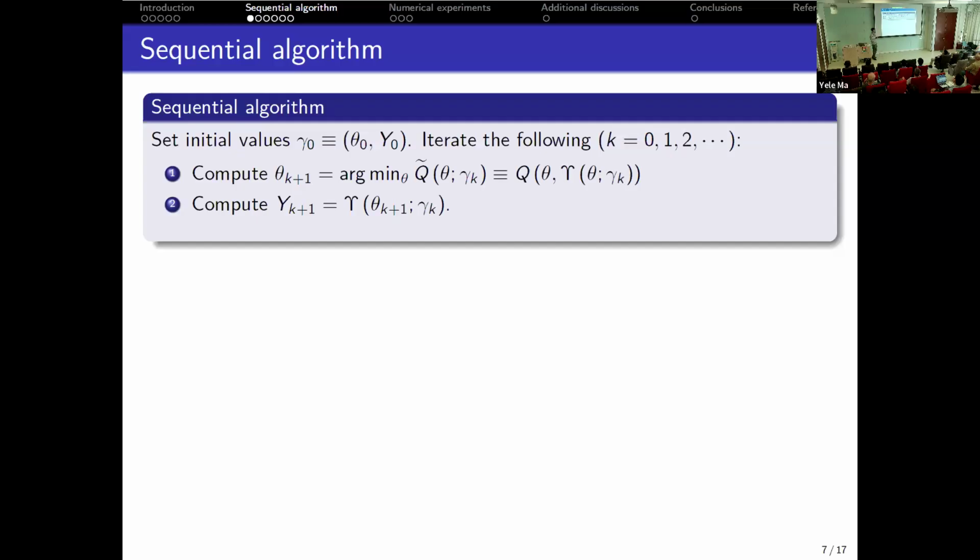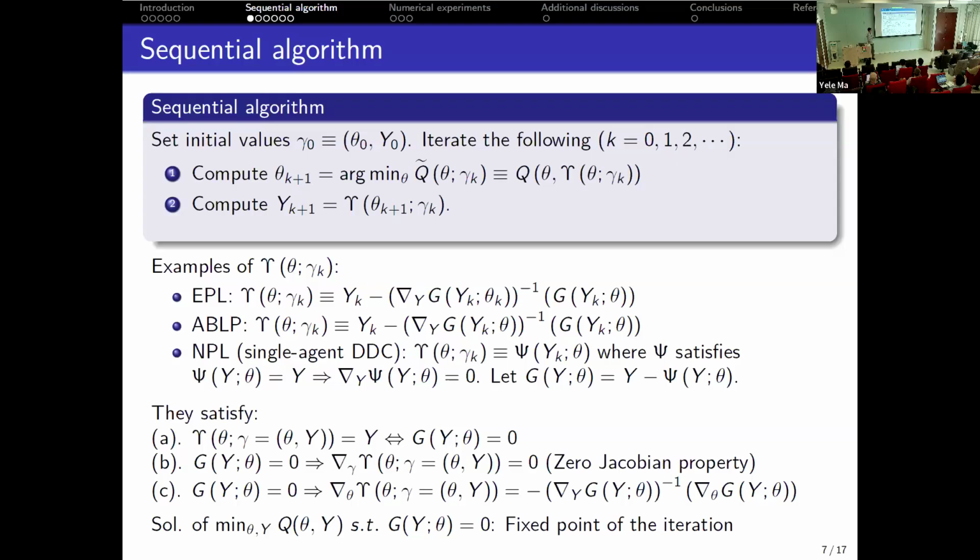And in this step, I introduce mapping epsilon, and epsilon is a function of theta given gamma k. And after the first step, in the second step, we compute the value of large Y k plus 1 by substituting the value of theta k plus 1 into epsilon given gamma k.